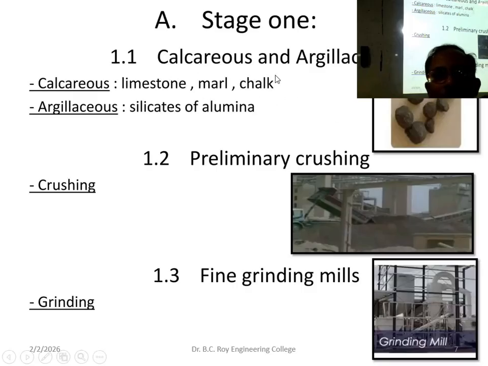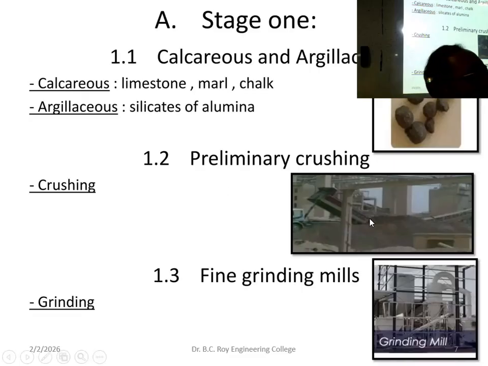Limestone is a raw material that is coming from some hills, calcium carbonate, and this chalk is also calcium carbonate. So if you have used or broken chalks, then you can use them there also. Different types of these chips or blocks are all taken and then ground.